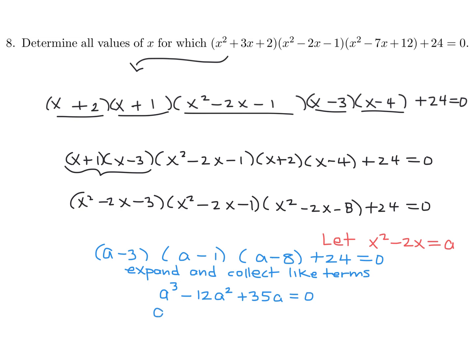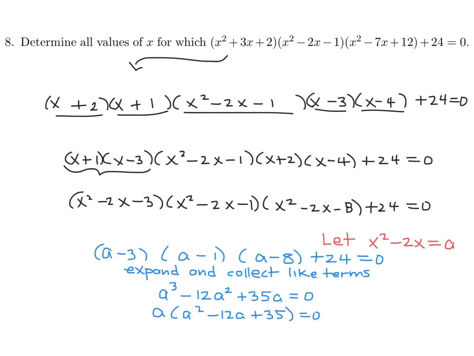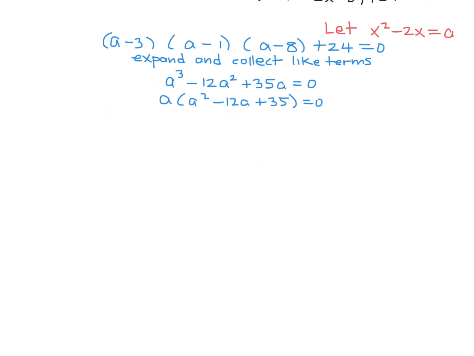And I can factor out an a, and that makes me get a squared minus 12a plus 35 is equal to 0. So that means I can factor this expression, I'm pretty confident, a 7 and 5, negative, negative. Okay, great. So that means a is either 0, 5, or 7.